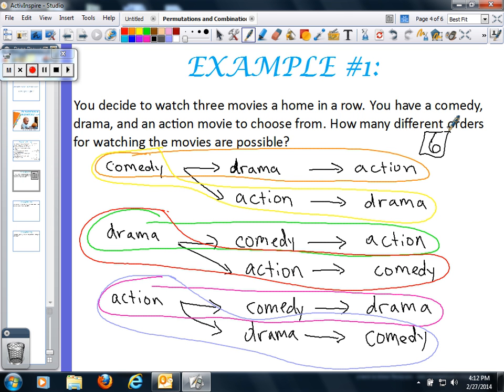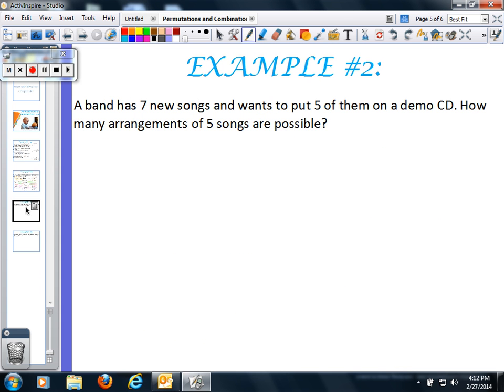Okay? So for example number 2, it says a band has 7 new songs and wants to put 5 of them on a demo CD. How many arrangements of 5 songs are possible?